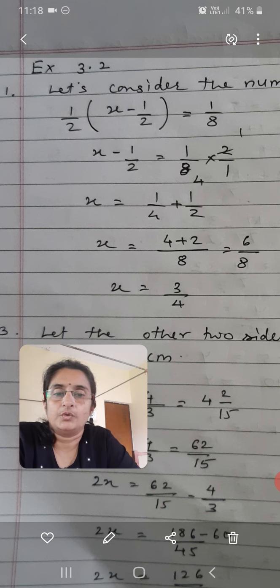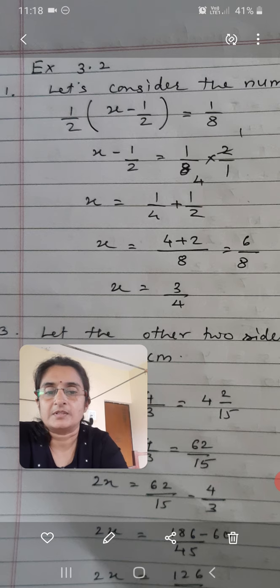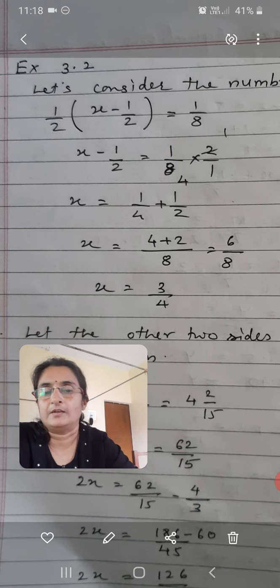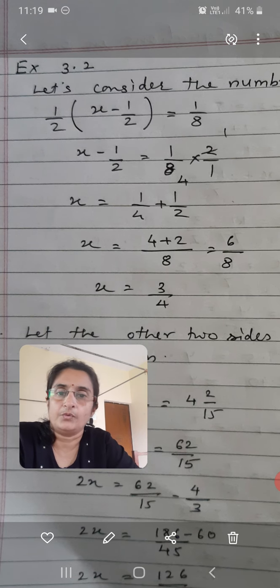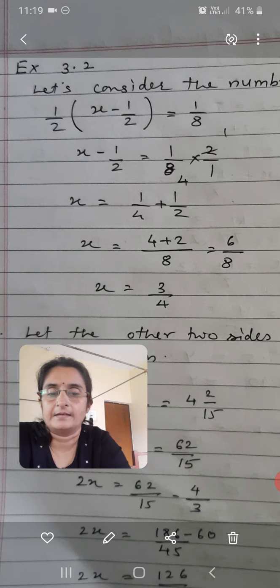So 4 into 2 is 8, and 1 into 2 and 4 into 1, that is 4 plus 2 is 6, and 4 into 2 is 8. It gives us 6 upon 8. The cancellation is possible. Cancel that. So x value will be 3 upon 4. So that number will be 3 upon 4.